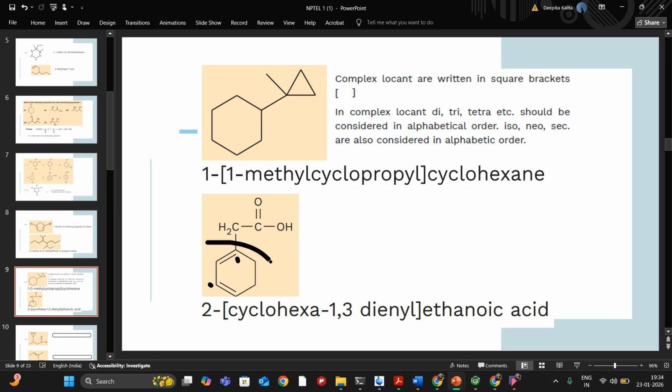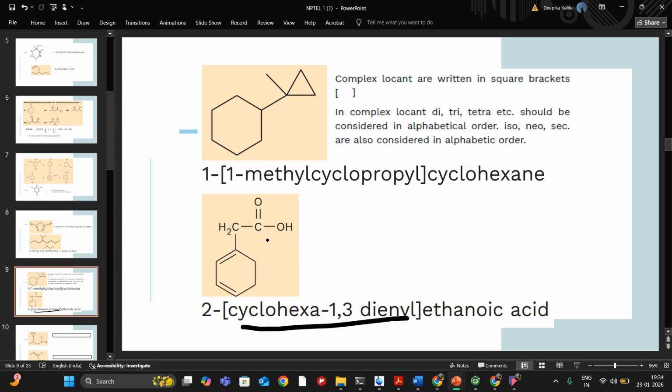This cyclohexane ring has 2 double bonds, hence it will be cyclohexa-1,3-diene. And since it is present as a substituent, it will be called cyclohexa-1,3-dienyl. Now, this overall name of the substituent will come in the bracket and we will call it 2-(cyclohexa-1,3-dienyl)ethanoic acid. Why ethanoic acid? Because the carboxylic acid has 2 carbons in the parent chain.